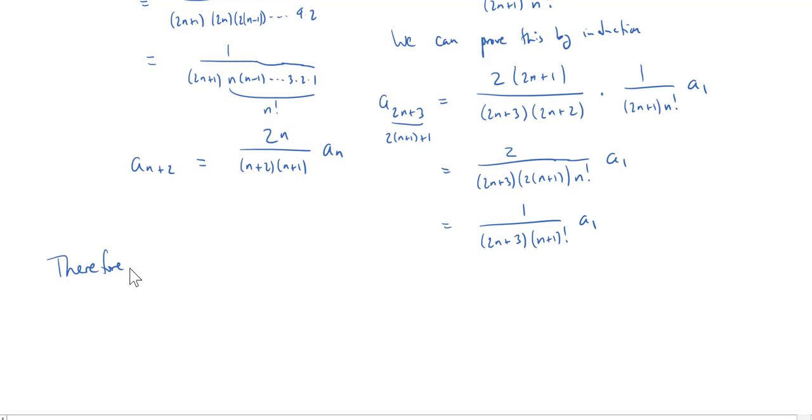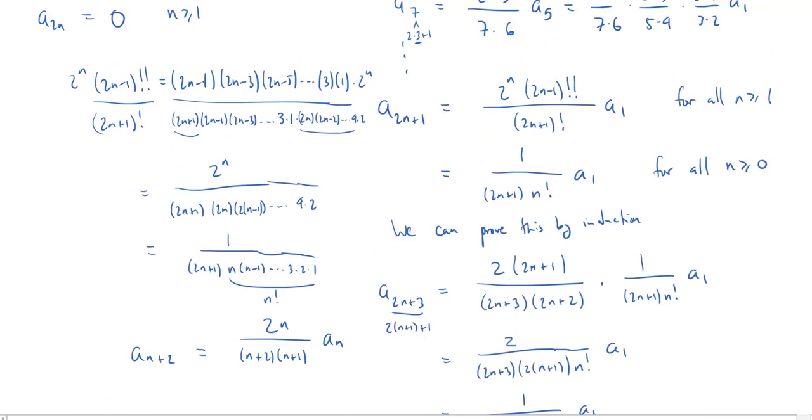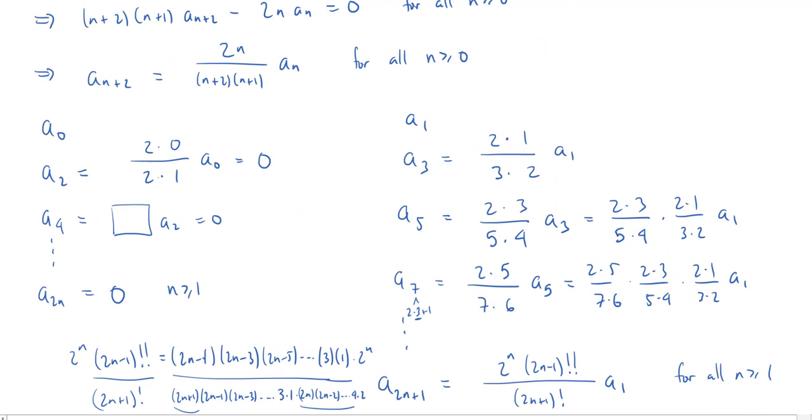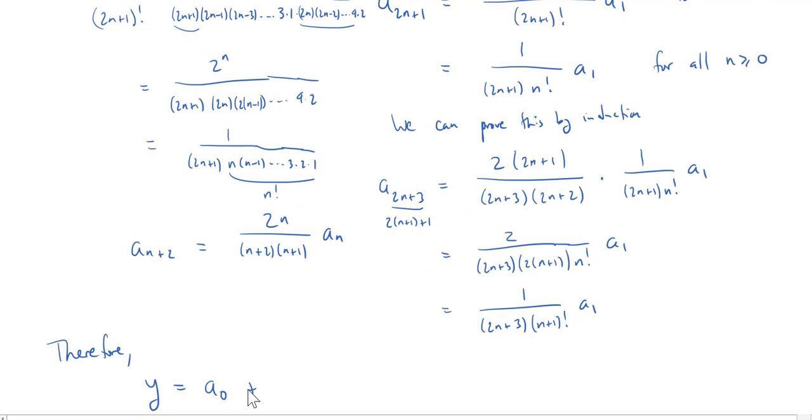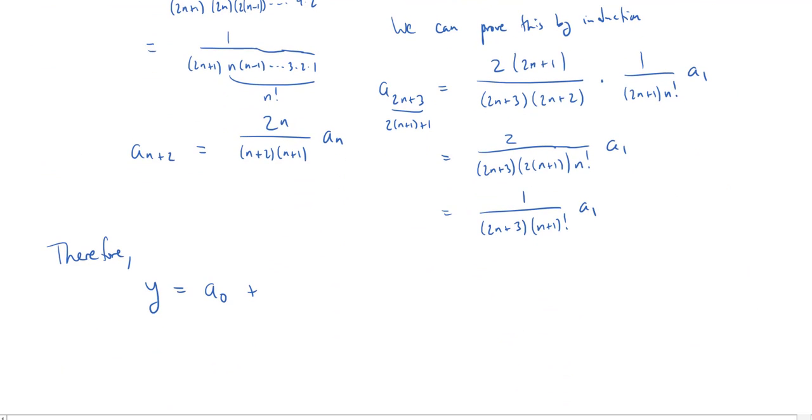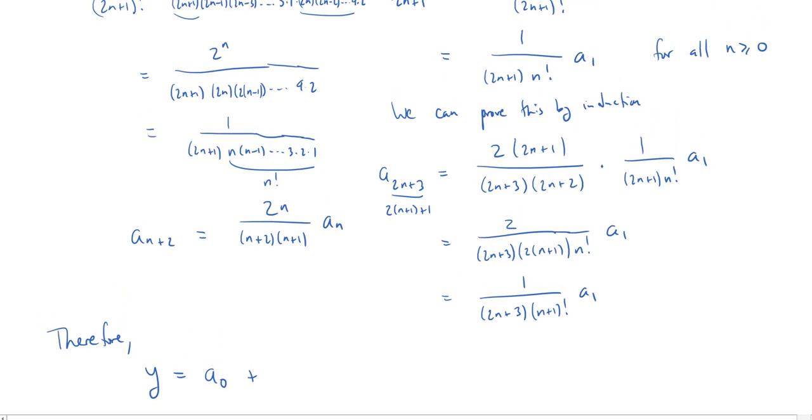So therefore, our y can be written as, well, first you have this a naught. And we didn't have to worry about any of the other even coefficient terms, but the a naught, that still lives. Then we're going to have a power series, and the coefficients all looked like this.